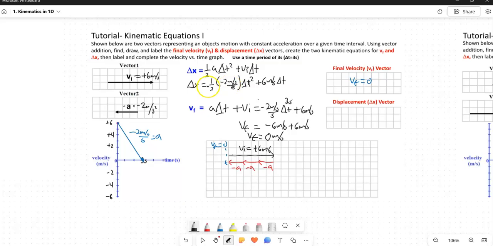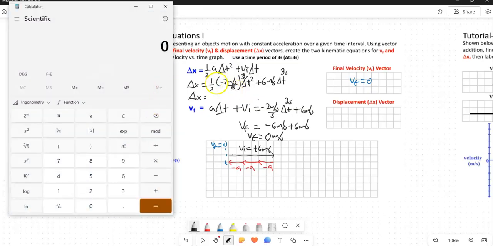So now we're going to throw a 3 in here. So 3 seconds here and 3 seconds that we're going to square. So our delta x vector is going to be equal to, so that's going to be 3 seconds, so that's 9 times -2 over 2, so that's going to be -9.